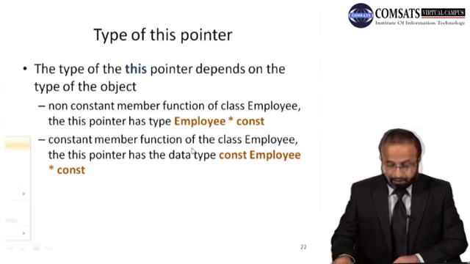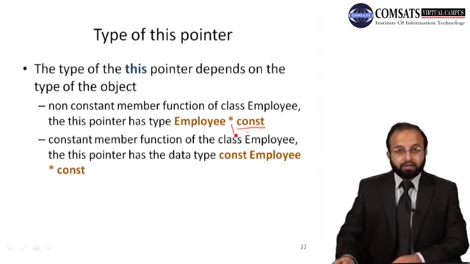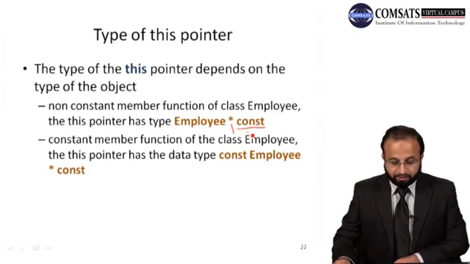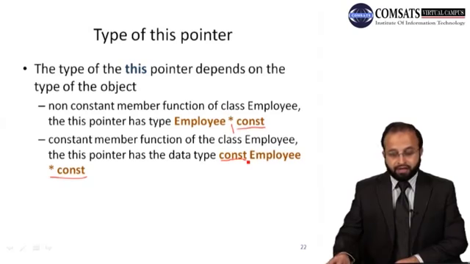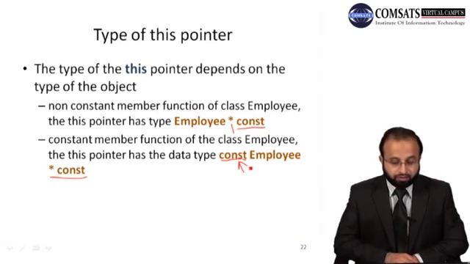Here the first const represents that the object is constant, because constant member functions are called by constant objects, and a constant object cannot call non-constant member functions, right?